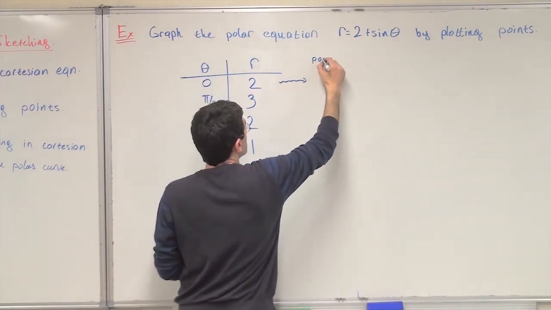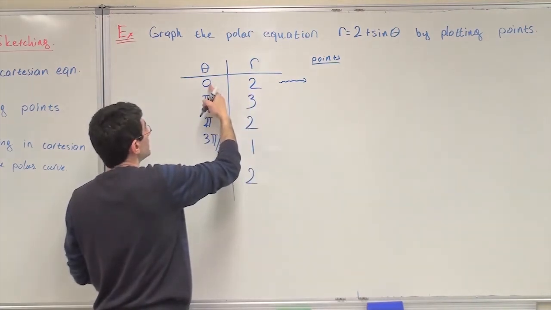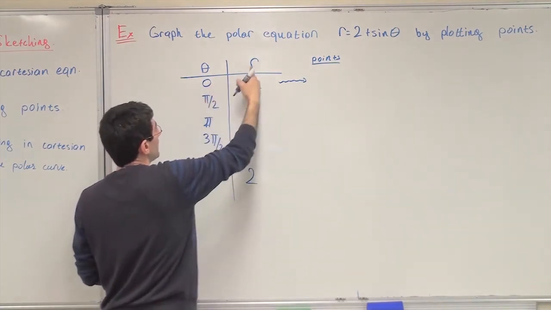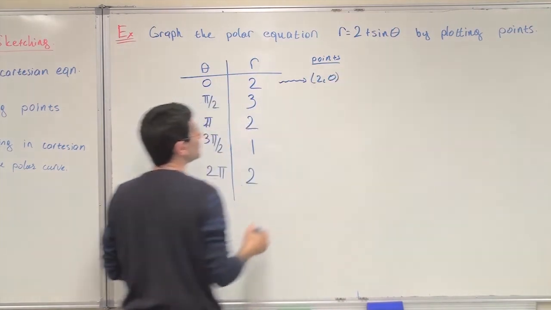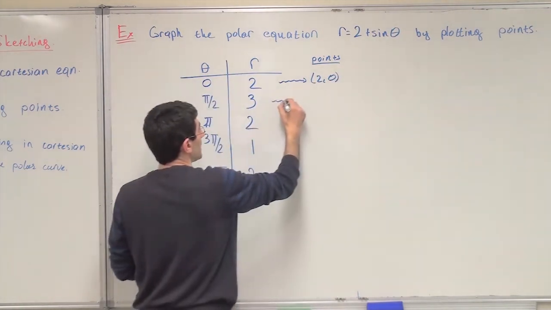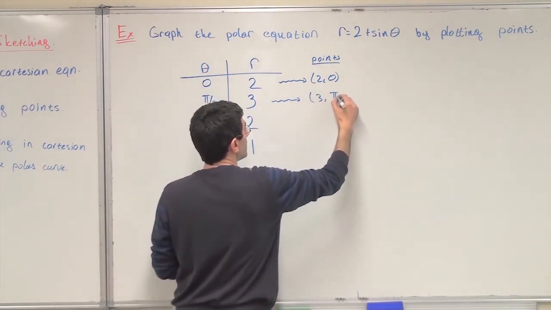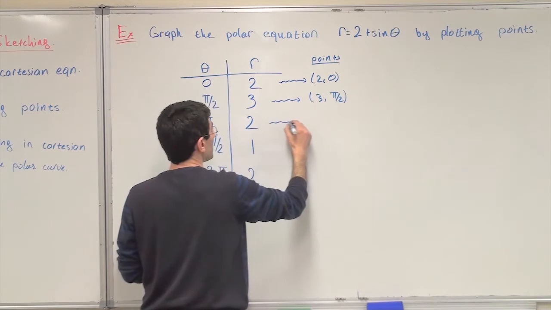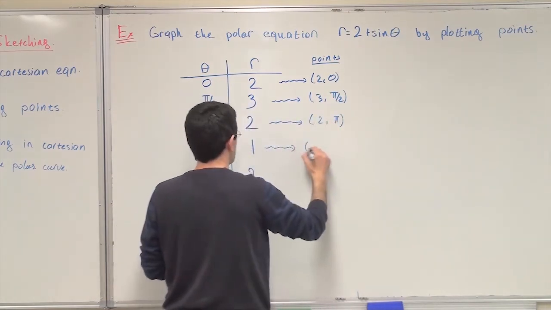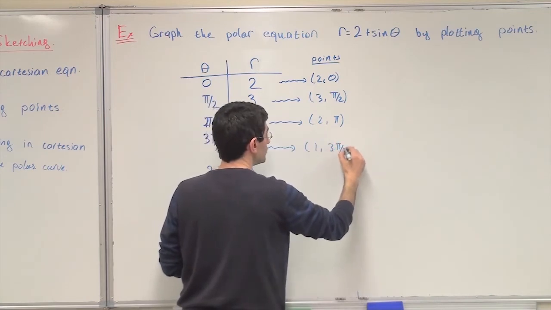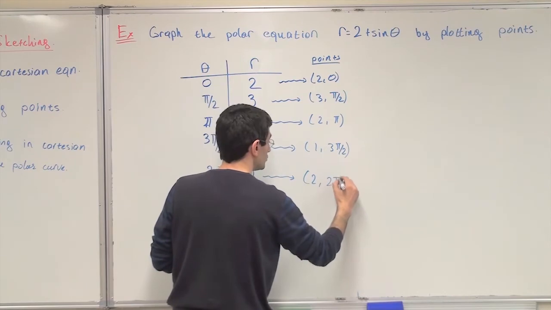So let me write here the points. So to the value theta equals 0 and r equals 2 corresponds the point 2, 0. And next we have the point 3, pi over 2, then 2, pi, 1, 3 pi over 2, and 2, 2 pi.